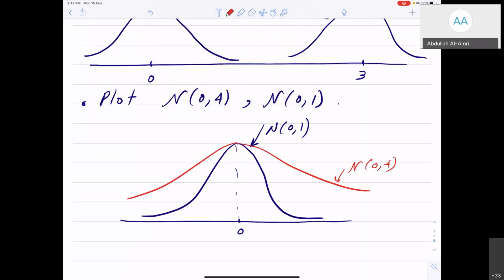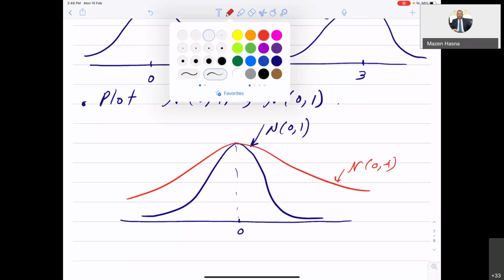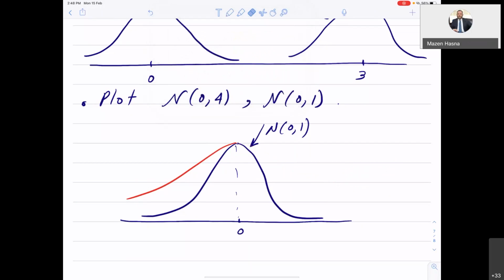Okay, we said that the area under any probability curve should be 1, right? Those two curves have different areas, right? The red one has larger area underneath, so one of them should be wrong. The amplitude should be different. Yes, so the red one is for sure wrong.